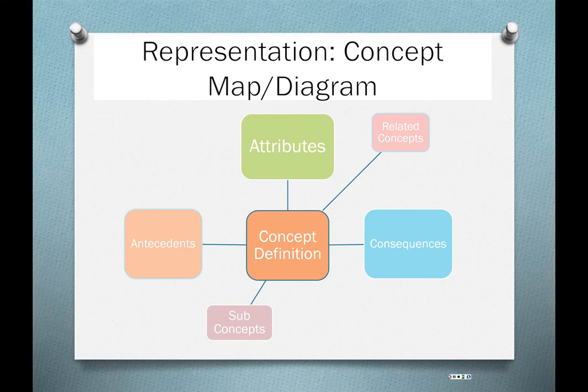Those things that are maybe similar or used many times in conjunction with the concept that you're talking about, but aren't the same as your concept. And then in the lower left, or under the concept definition, are subconcepts. And lots of times a major concept will have many component parts, and those can be considered subconcepts.